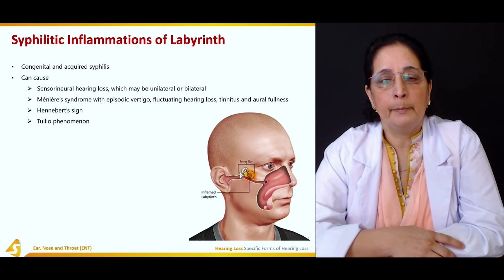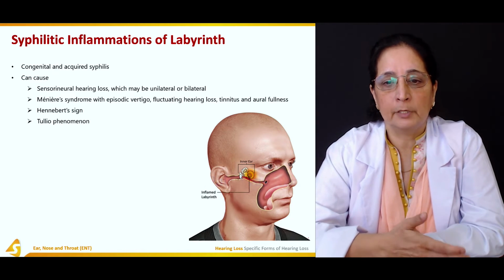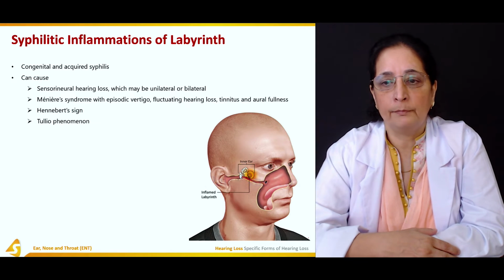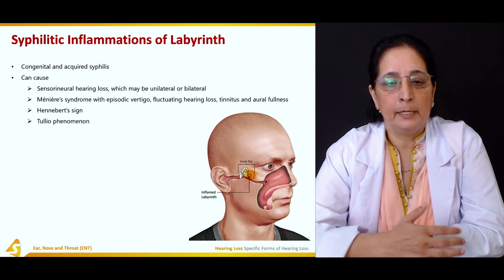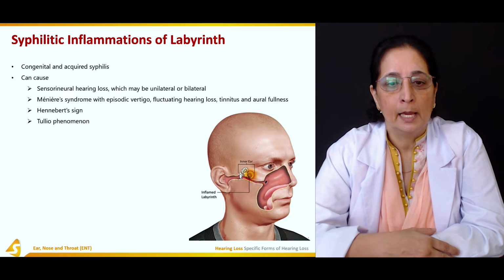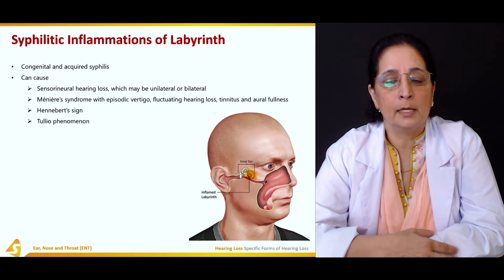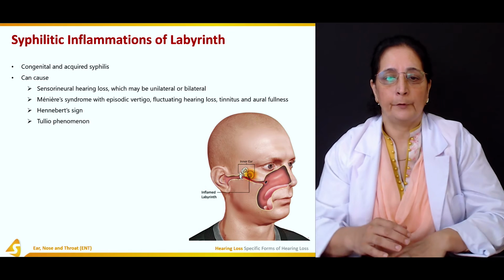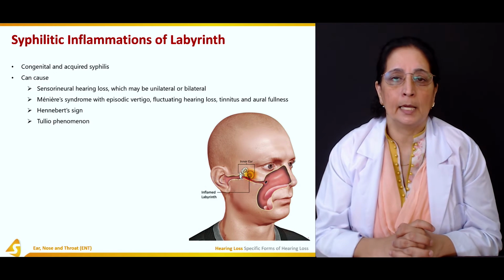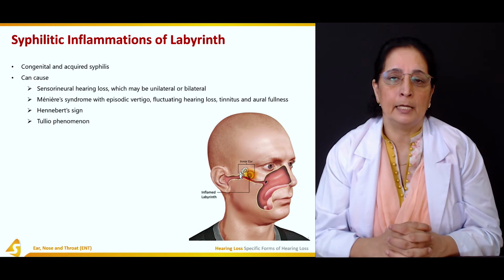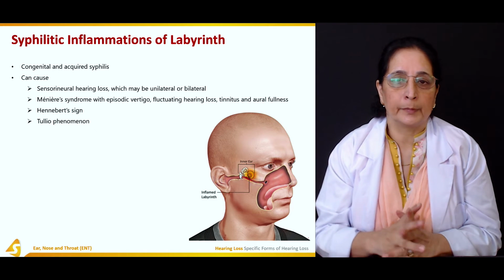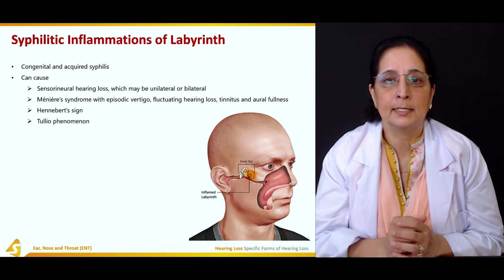It can present as Meniere's syndrome with vertigo, hearing loss, tinnitus, and aural fullness. Usually we can have Hennebert's sign, and Tullio phenomenon is also present in syphilitic labyrinthitis. Hennebert's sign is the sign in which there is nystagmus due to pressure on the tragus.